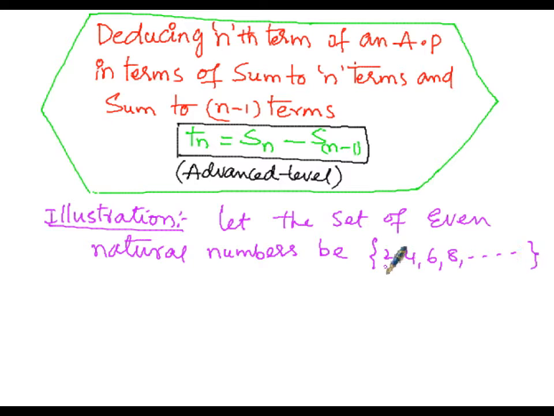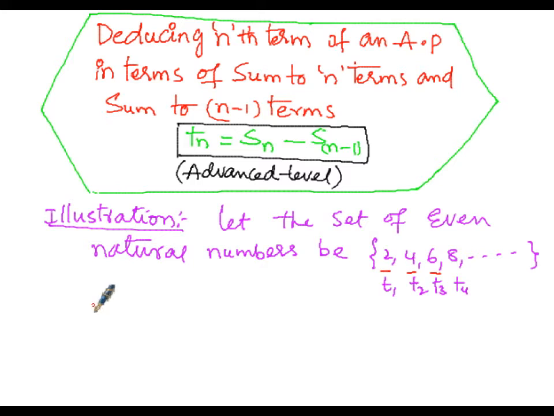So here the least even number is 2, the next consecutive even number is 4, the next consecutive is 6 and so on. The first term is 2, the second term in the set of even natural numbers is 4, the third term is 6 and the fourth term is 8 and so on.